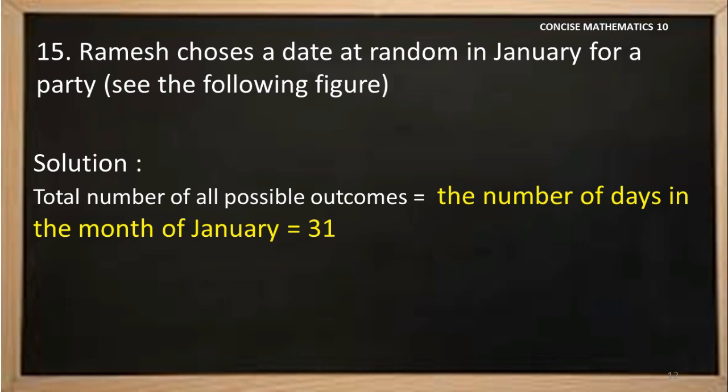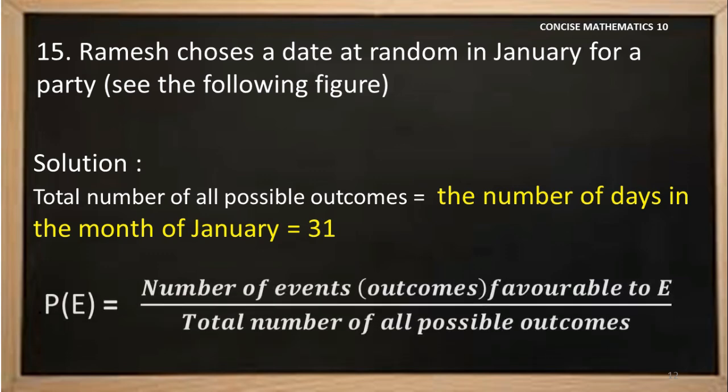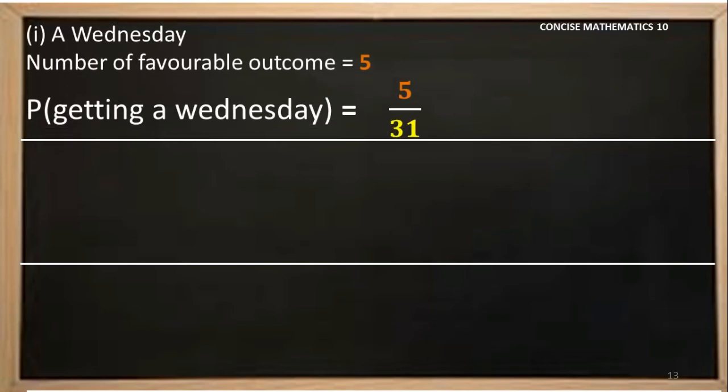The sub question 1 says find the probability that he chooses a Wednesday. If you observe the given calendar, there are 5 Wednesdays, that is on 1st, 8th, 15th, 22nd, 29th. As there are 5 Wednesdays in the month of January, the number of favorable outcomes is equal to 5 and the probability will be 5 by 31.